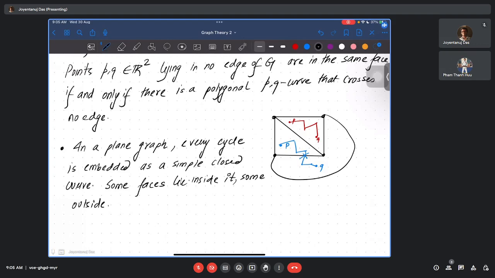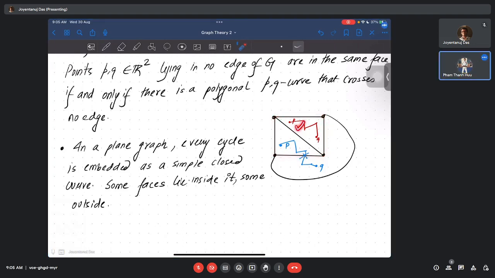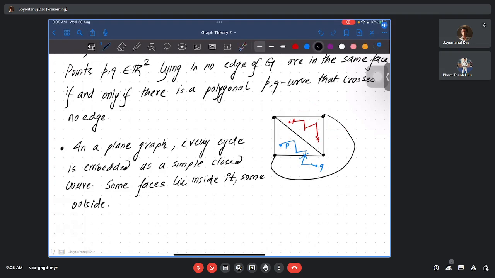For example, if you see this one, this is a cycle in the graph, and this is a simple closed curve, and these two faces are inside it, and these two faces are outside it. So that is the observation.